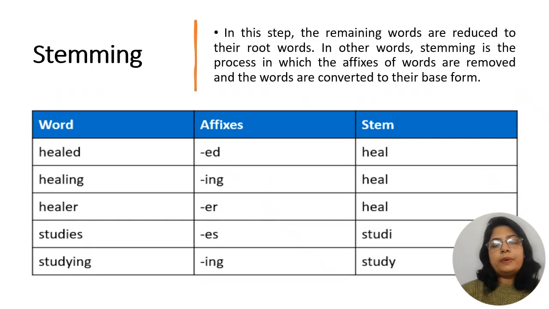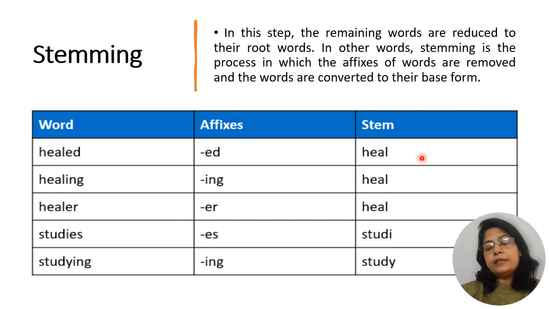The last step is either stemming or lemmatization. Now, what is the meaning of stemming and lemmatization? Stemming means we are bringing back a word to its base form or root form. For example, we have this word as healed, but we know the root form or the base form of this word is heal.